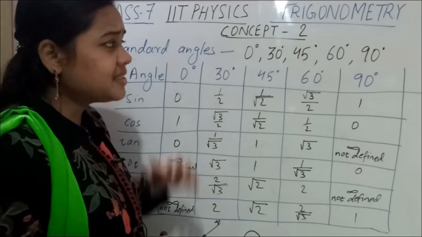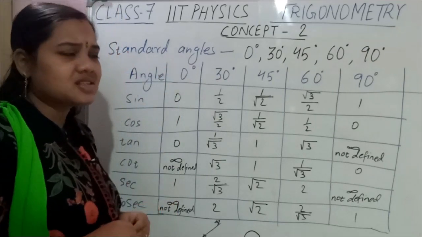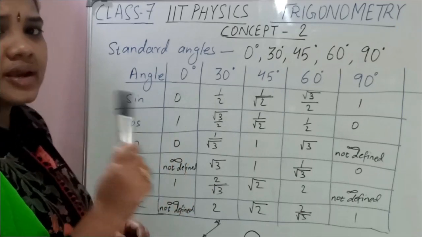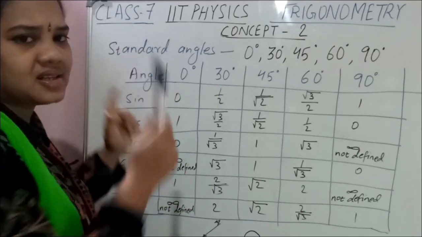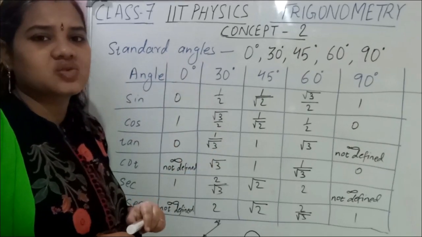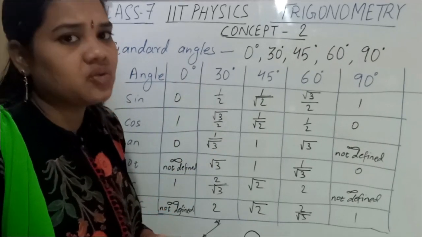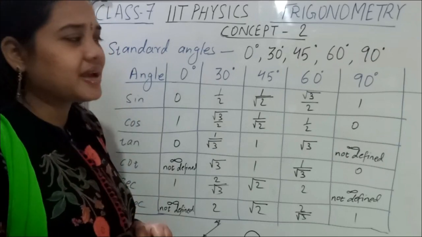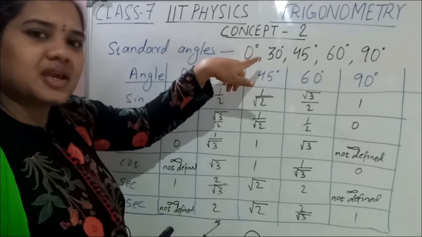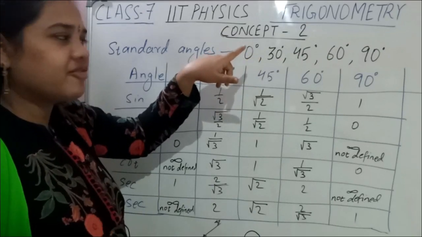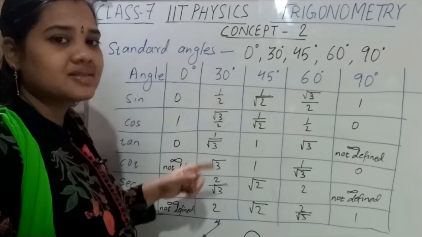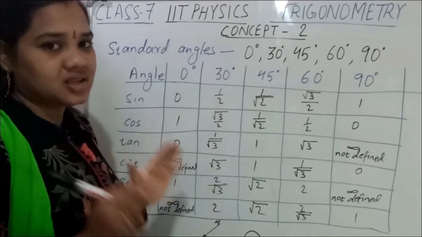So why are these considered standard angles? Because trigonometry mostly revolves around these angles only. Mostly you will use the values of these angles. The other angles you will also use, but the values of other angles you can find very easily by using these angles. So these angles are known as standard angles.